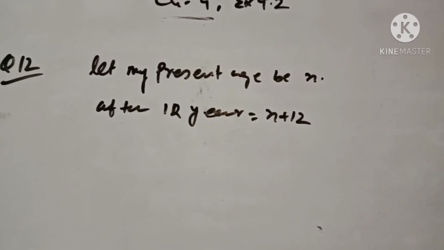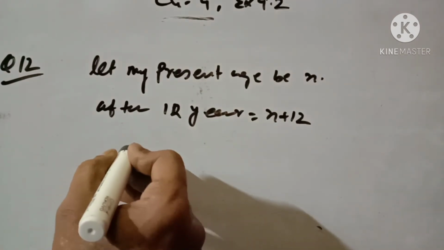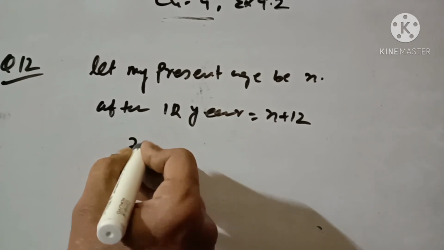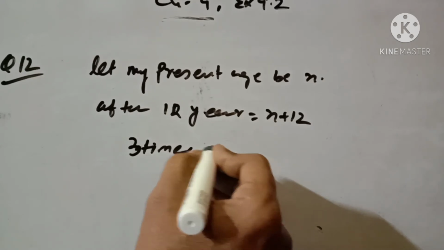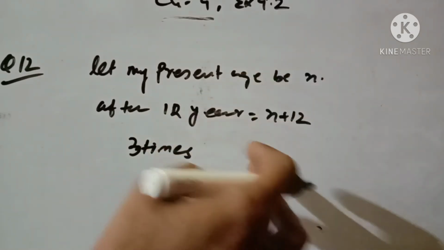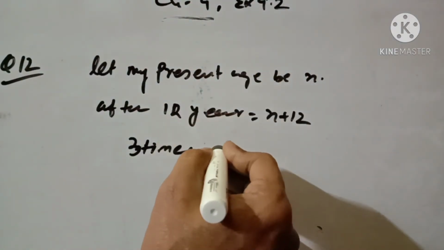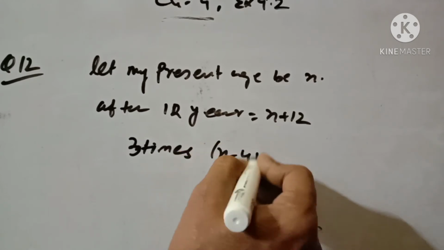But it is given that I shall be 3 times as old as I was 4 years ago. Today's present age is x, so 4 years ago means x minus 4.